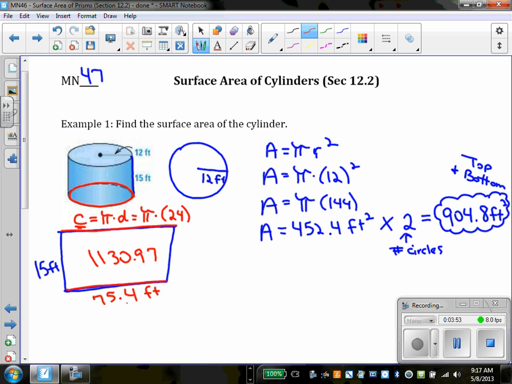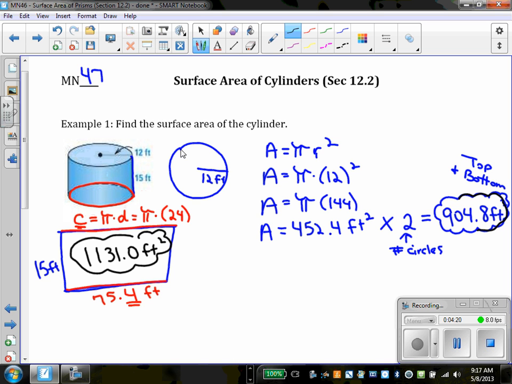Since we rounded here to the nearest tenth, I need to round this to the nearest tenth as well, at least. It's actually going to be 1,131.0 feet squared. So this right here represents the area around the cylinder.